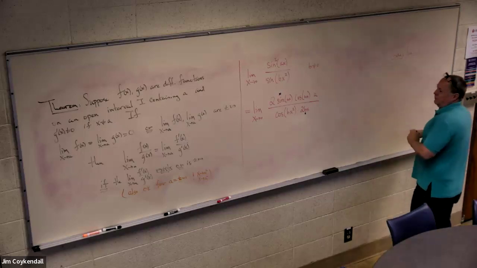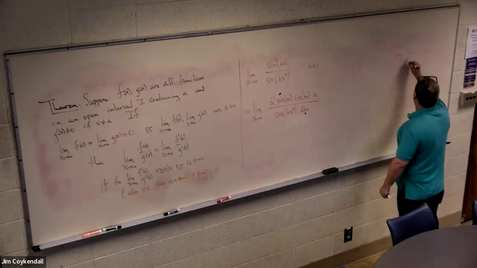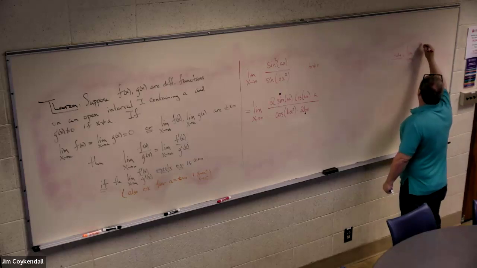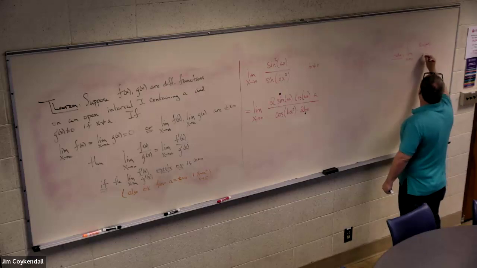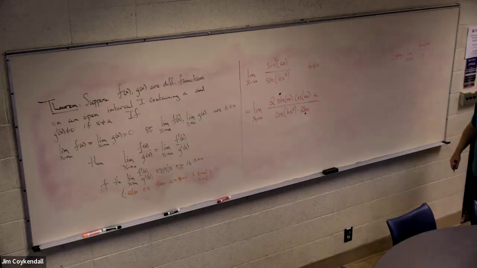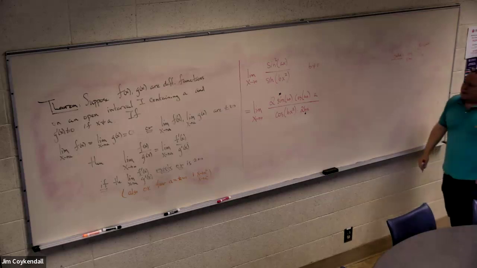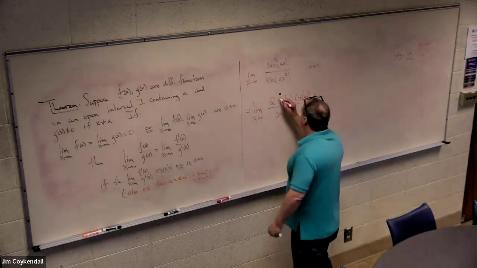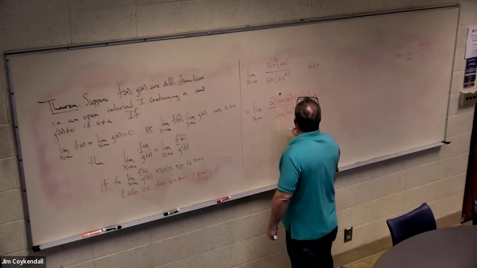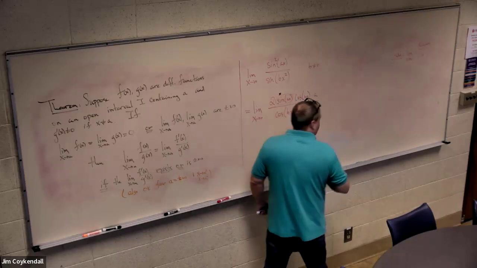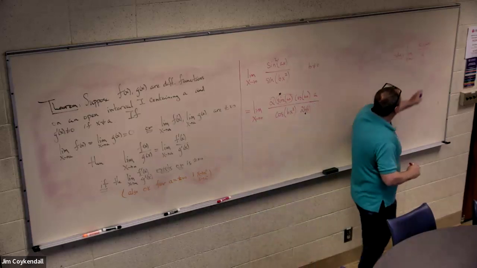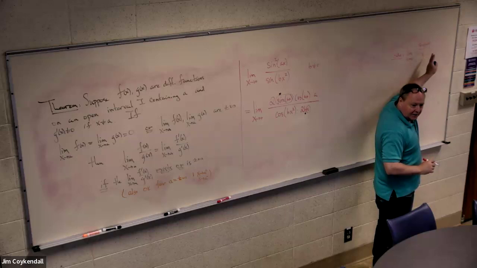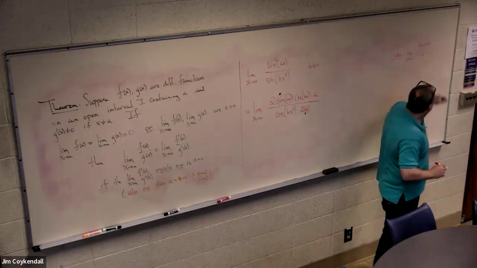Let's just pull the offenders out, because really the only thing making this 0 is the sine AX, and the only thing making the bottom 0 is the X. So let's pull these out and do it separately. This is 0 over 0, and it's much easier to take the derivative of these things.